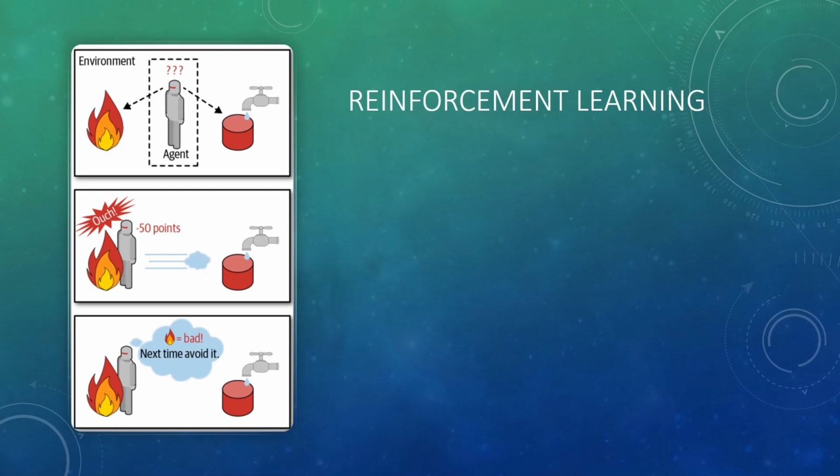Now, reinforcement learning is quite different from the others. Here the concept is based on the idea that there is a reward and a penalty. In other words, the algorithm will work, and when it does something good, it will be rewarded to continue.